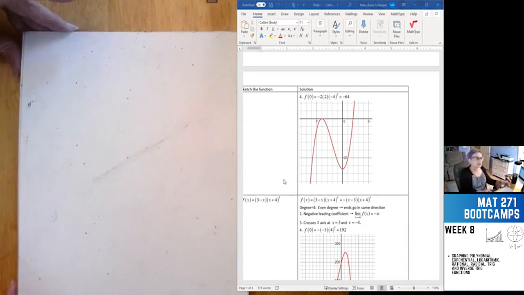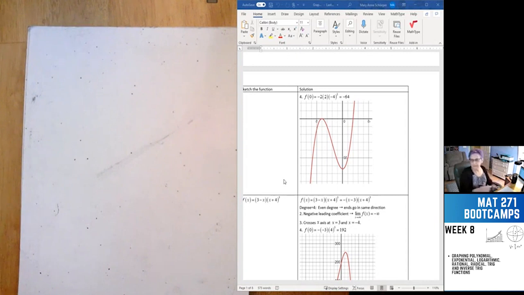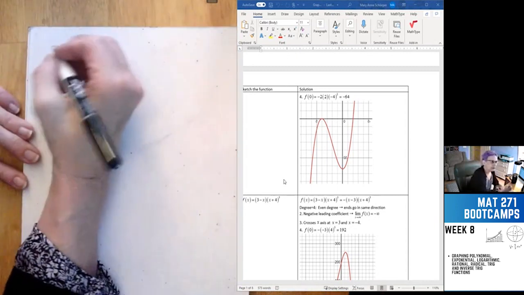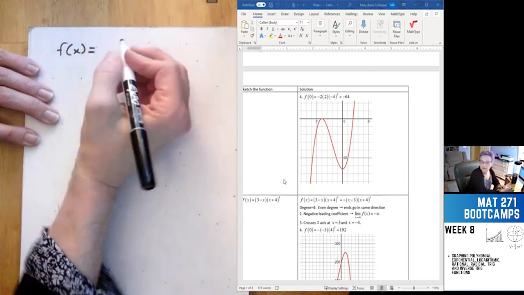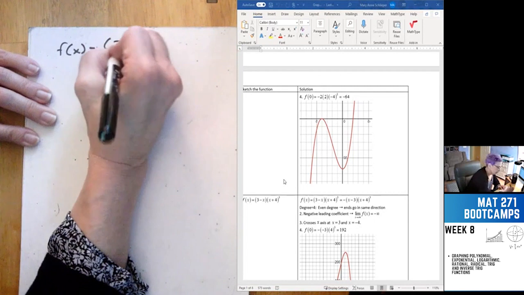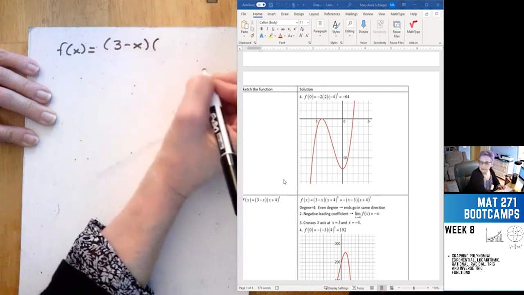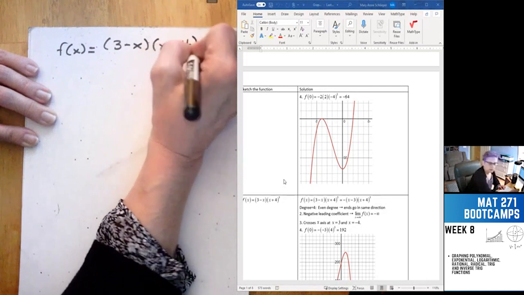Okay, we'll look at one more just so we do one that happens to have even multiplicity, even degree. 3 minus x. Now this one was a little tricky. I purposefully made it a little tricky.